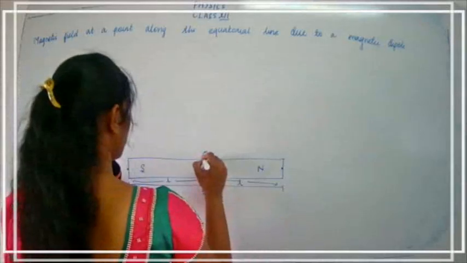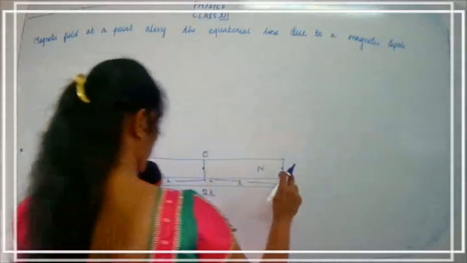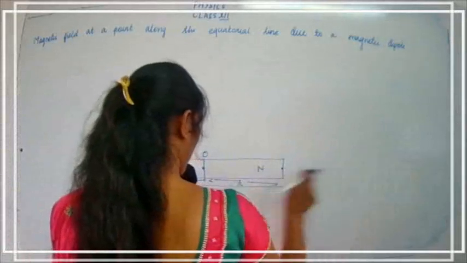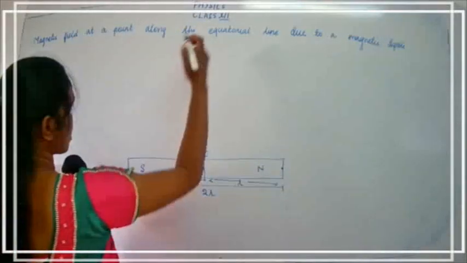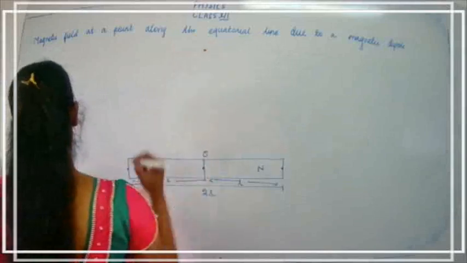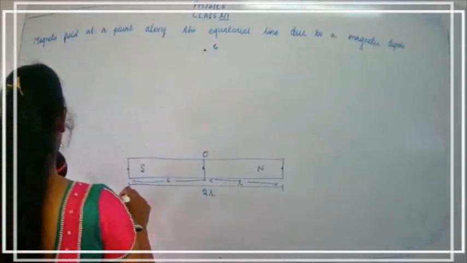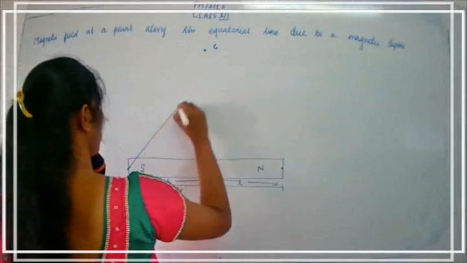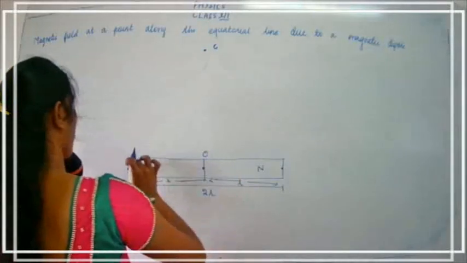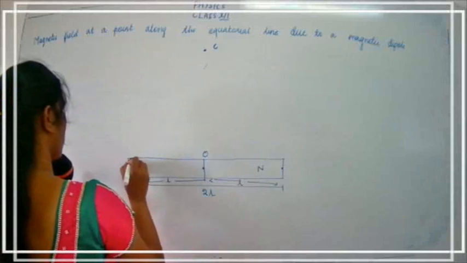In the previous one we marked the point C on the axial line. Here we are going to mark a point C on the equatorial line.